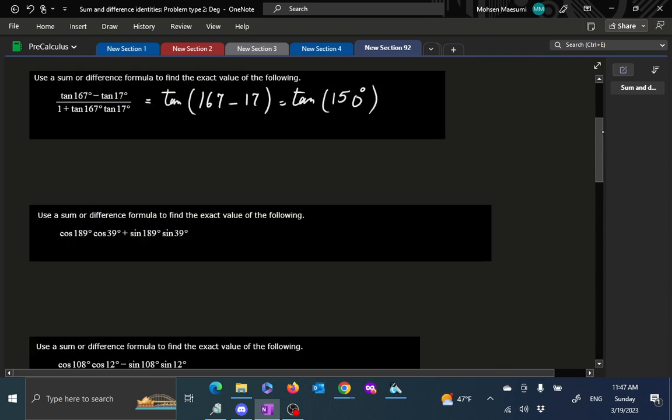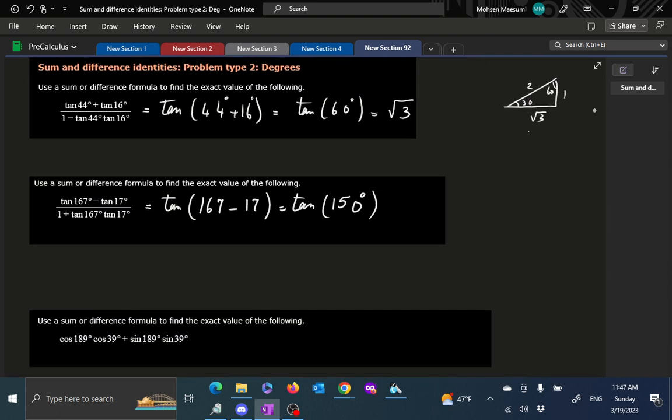But how about pushing ourselves a little bit further? Tangent of 150, we say, okay, let's reason ourselves to tangent of 150. Let's assume that we know these triangles and we want to connect 150 to that. So, okay, where is 150? 150 is in the second quadrant. This is 150. Extension of this angle is going to be minus 30.